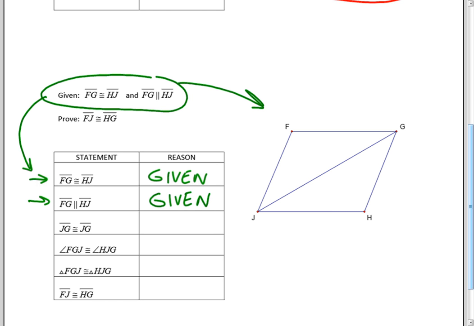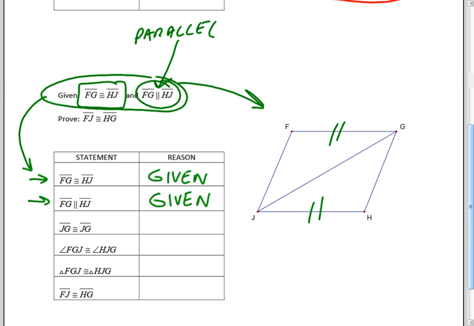How do I show that FG is congruent to HJ in the drawing? Dashes. Make sure you're actually showing the right symbols on the right components in the figure. FG, HJ. What does this symbol mean? Parallel. Let's write that down just in case.